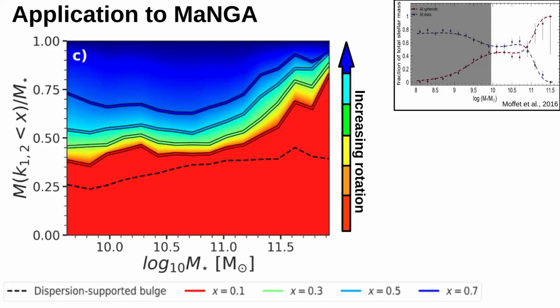And now what we do to build the different colors is to sit in a mass bin, consider all galaxies here of 10 to the 10 solar masses, and for all those galaxies, start to include the mass of those components which is below the different thresholds of kinematics. So as I go up in the plot, I'm including more and more mass which refers to rotationally supported components.